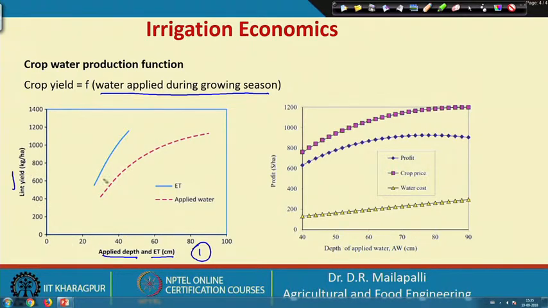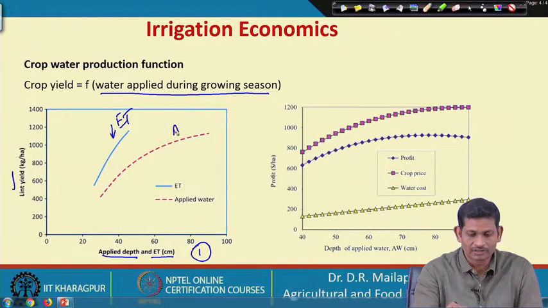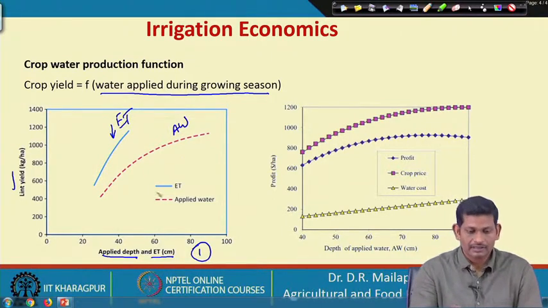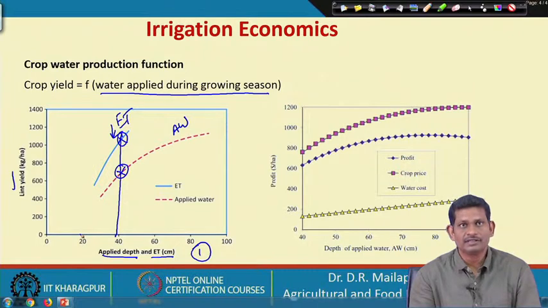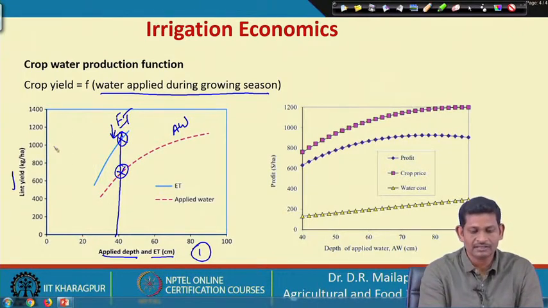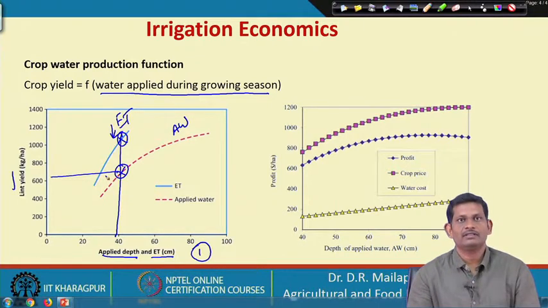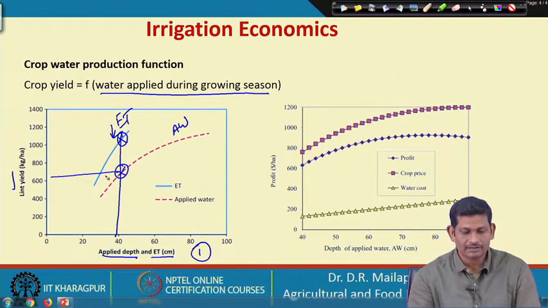There are two graphs, one representing ET and the other applied water. For a particular applied depth, ET-based irrigation results in the maximum lint yield compared to the water applied in the field, which means there are some losses. This is the gross water applied in the field, including pre-irrigation and all other losses like runoff and deep percolation.